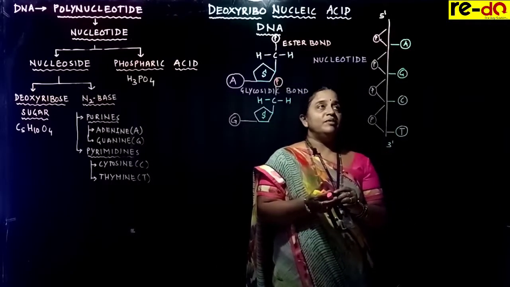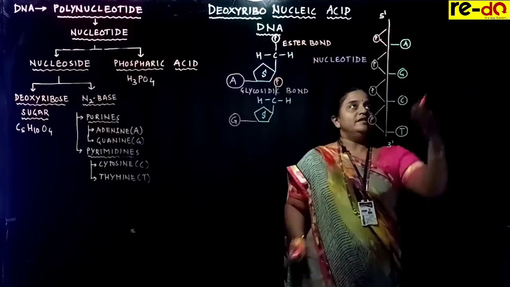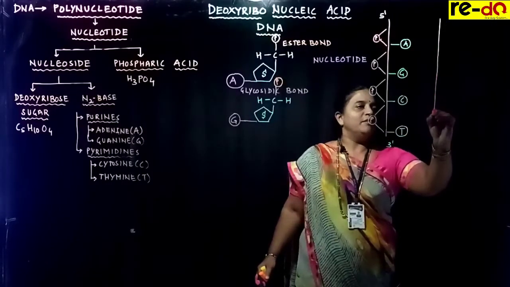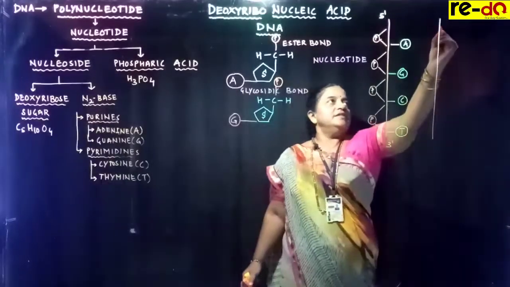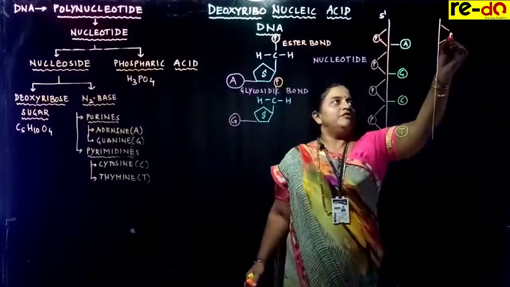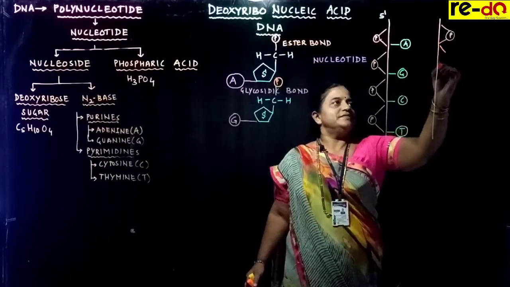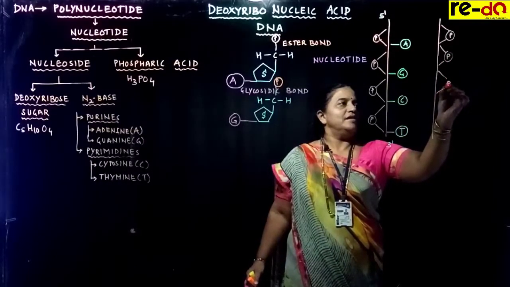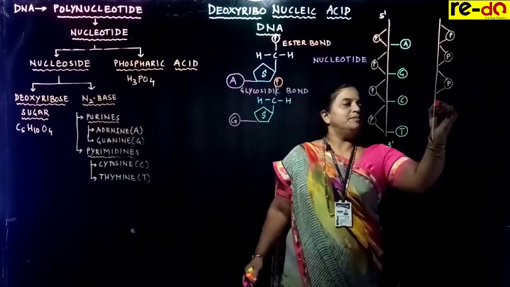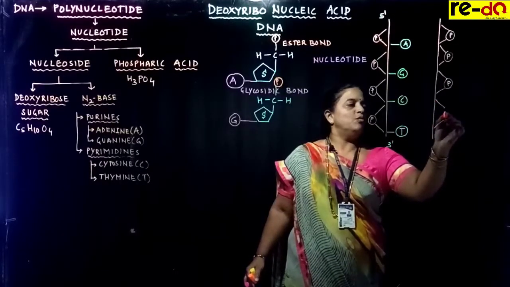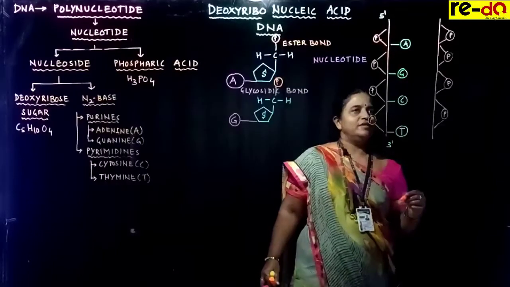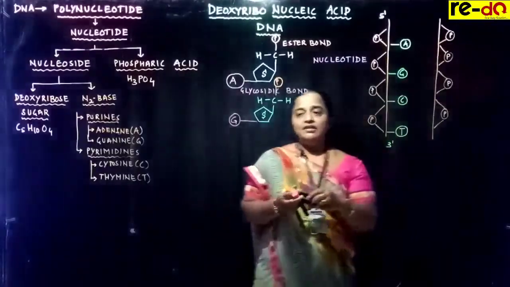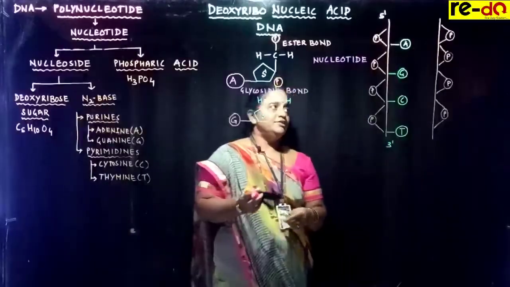DNA is always double-stranded, where there is another chain. This is the sugar backbone. Here is the phosphodiester linkage. When a bond develops between C and O, it is an ester bond. So here also I have taken a polynucleotide. Now I'll explain the arrangement of the sugar here.